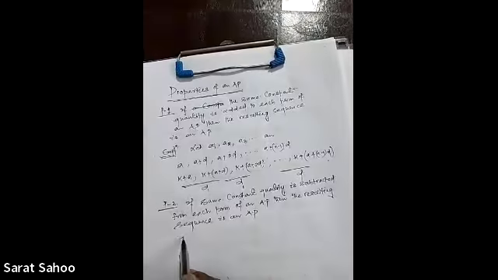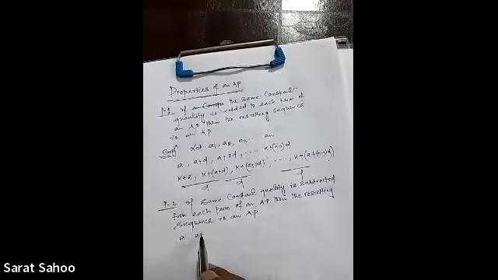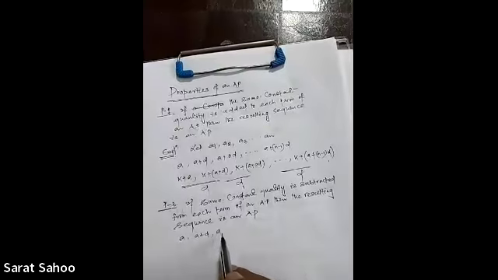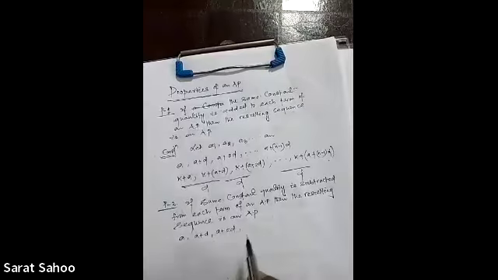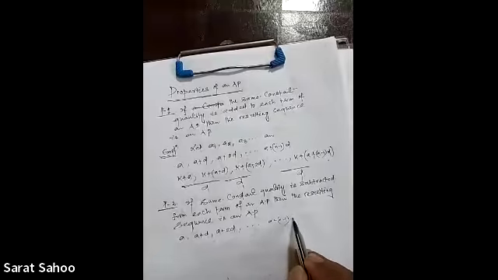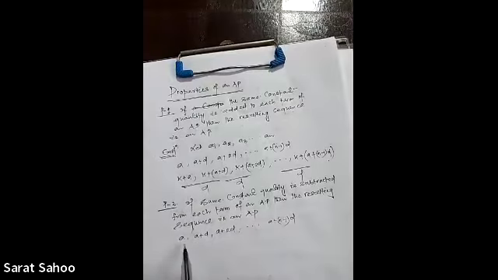Let us consider the AP A, A plus D, A plus 2D, up to A plus n minus 1 into D. Now subtract the same constant quantity K from each term.